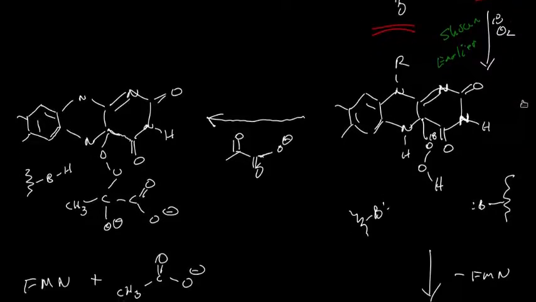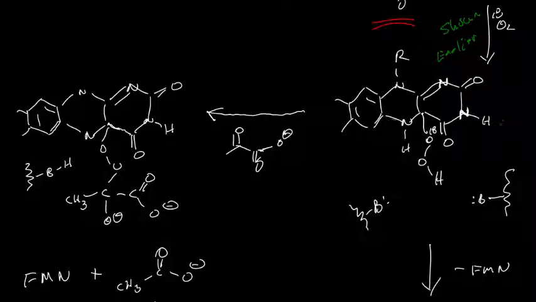But it generates this hydroxyflavin intermediate. And the O18 is right here and here. Let's put these 18s in now. Forgot to put them in earlier. Now there's two possibilities that this peroxyflavin intermediate can undergo.